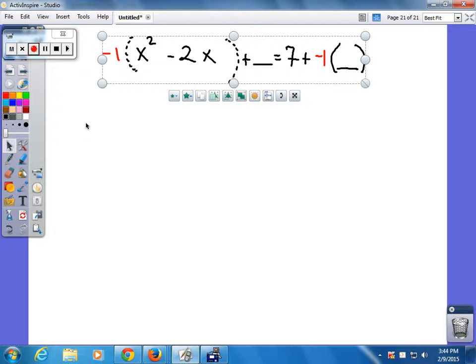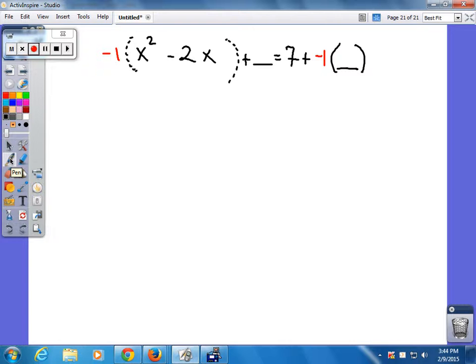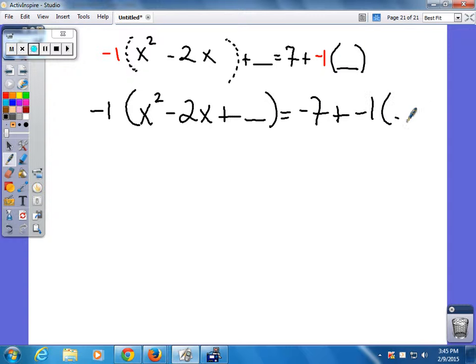All right, I'm going to rewrite this in black now. -1 x squared minus 2x plus blank is equal to -7 plus -1 times blank. Now you're ready to complete the square with this in the parentheses.